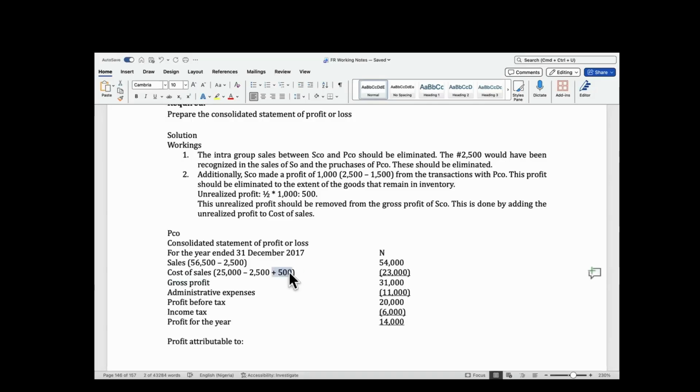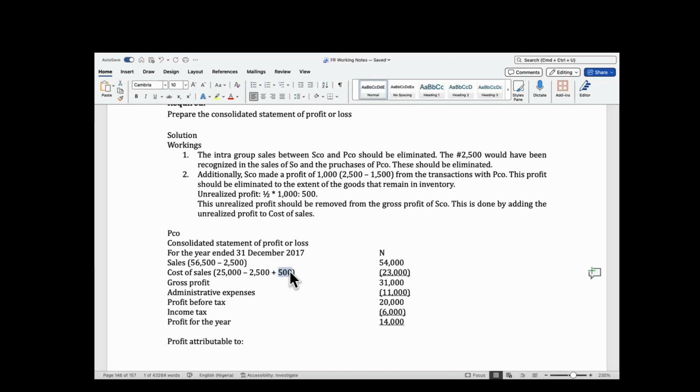Who can tell me, where is the other leg of this? Where is the corresponding credit of this? Inventory. Inventory, correct. And since we are not preparing a statement of financial position here, there is no need. When we are doing the statement of financial position, we believe that is the correct place to eliminate the profit, since they wouldn't have adjusted it.